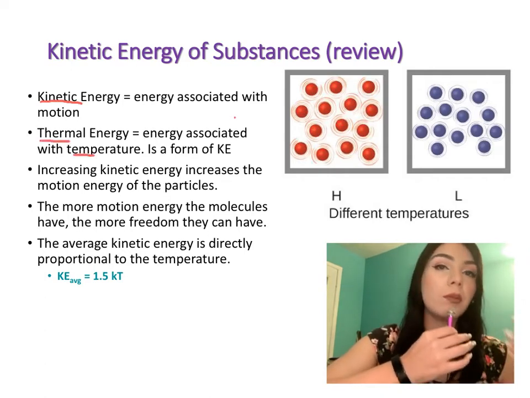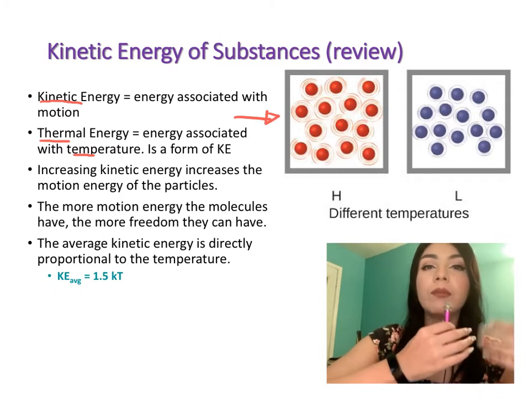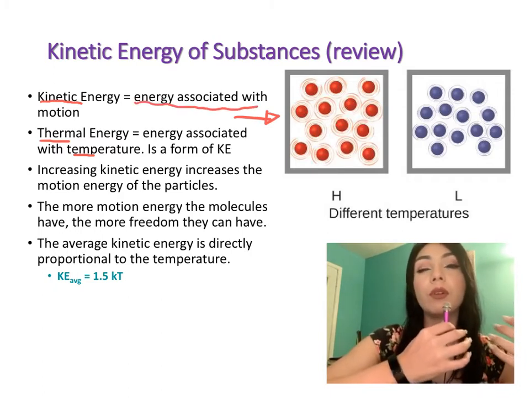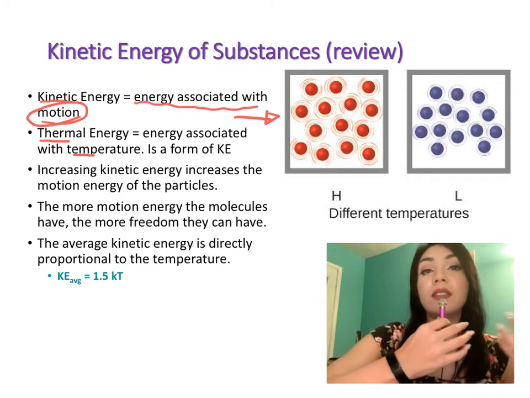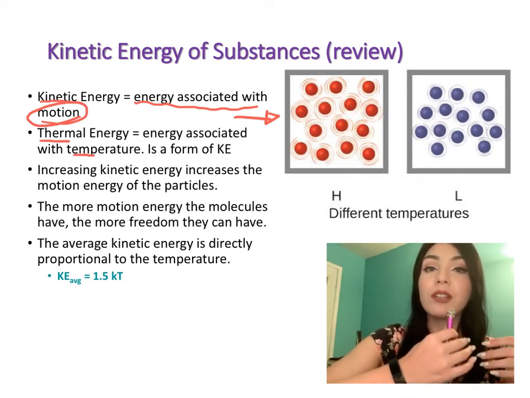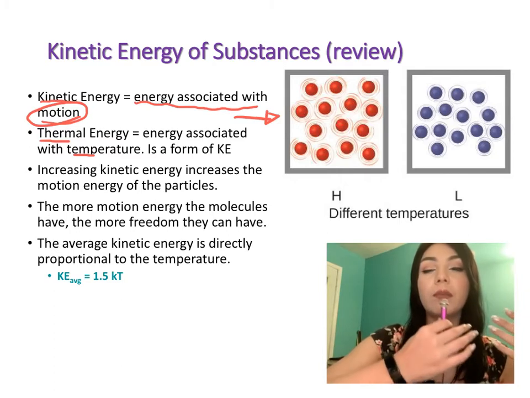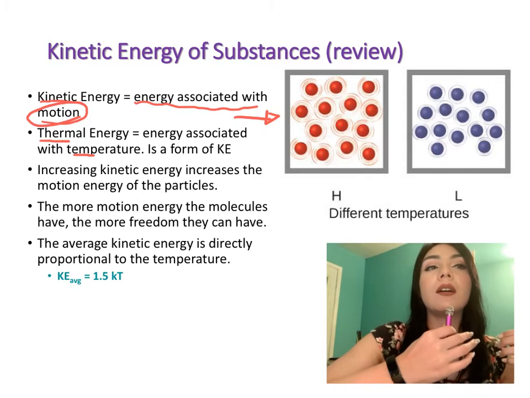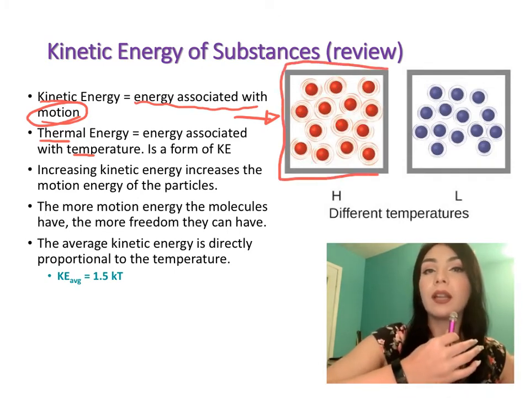A lot of you have probably heard this word before, hopefully. Now, in terms of what that means for chemistry, for particles, which again are either molecules, ions, or atoms, the faster your particles are moving, the higher the kinetic energy.